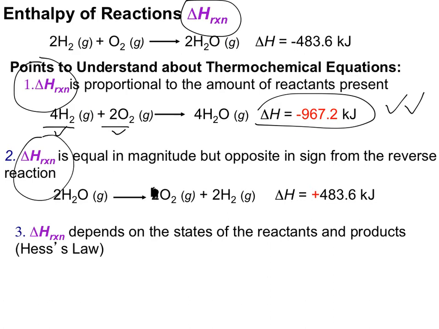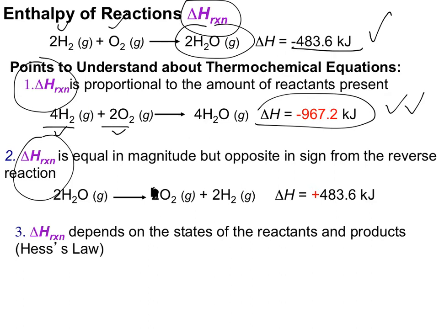The second point you guys need to understand is that your delta H of reaction is dependent on the directionality of your reaction. If we look at the reaction up here at the top of the slide, notice that I'm taking H2 gas, O2 gas, and I'm producing H2O. This gives me a negative enthalpic value, right?